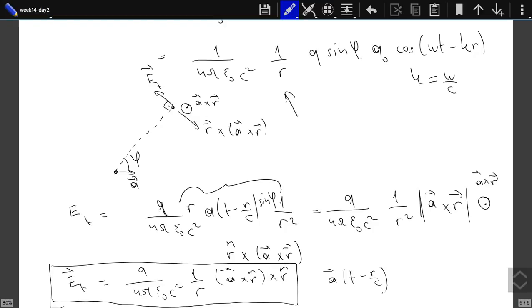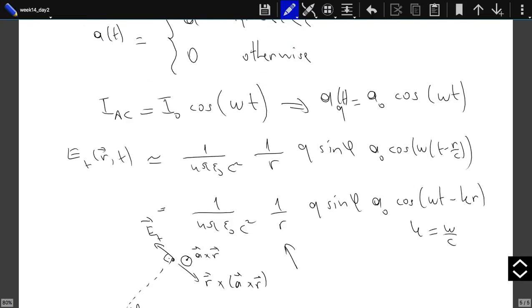It is in the minus r cross a cross r. So plus a cross r cross r. k is equal to omega over c here. Well, for an electromagnetic radiation, it had to be that way. That is what we had derived yesterday. But you see over here, if you just multiply it, the coefficient of r is omega over c.